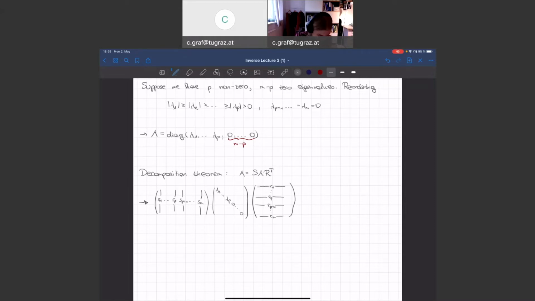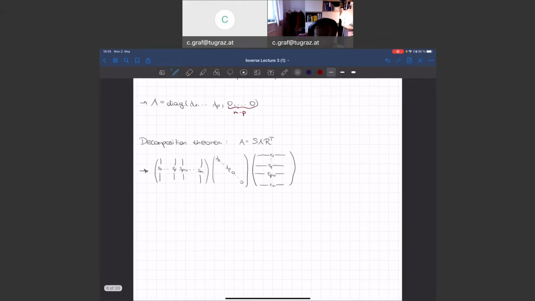Now, we multiply the first two matrices together. So we have lambda 1 S1, and so on, up to lambda p SP. And then for the last m minus p columns, we just have 0, because we multiplied the vector with 0. And then the R unchanged.